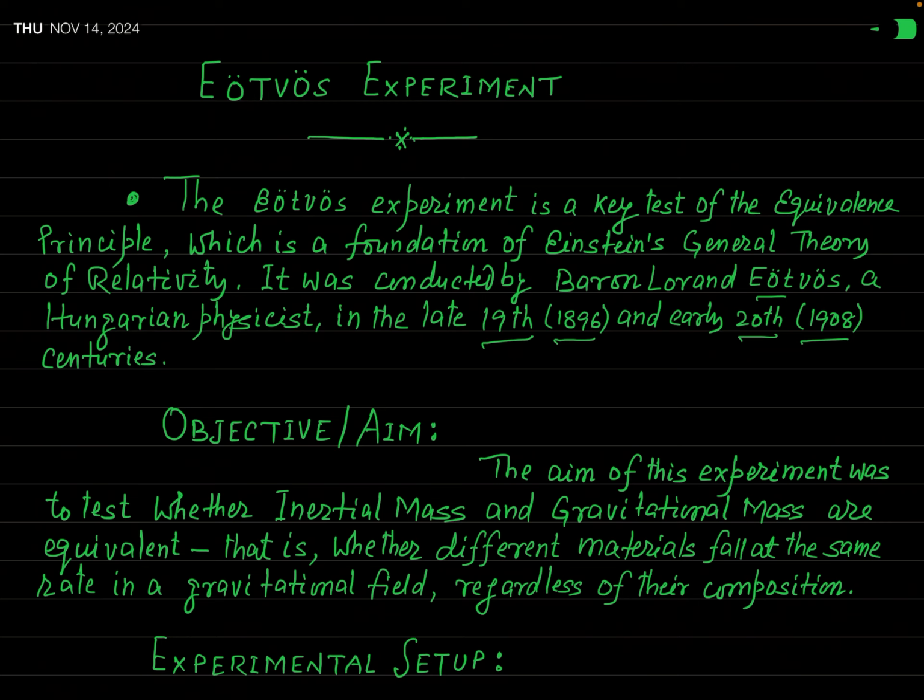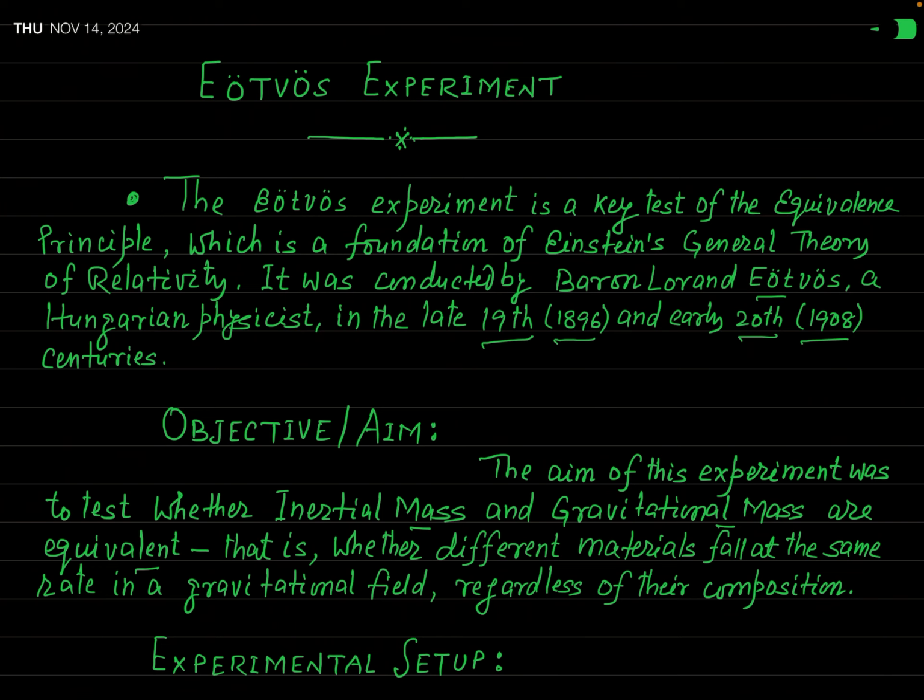So in this lecture we are going to discuss this Eotvos experiment in great detail, and we will learn how this experiment confirms that the gravitational mass and the inertial mass are equivalent to one another. Or you can say that the aim of this experiment is to test whether inertial mass and gravitational mass are equivalent or not.